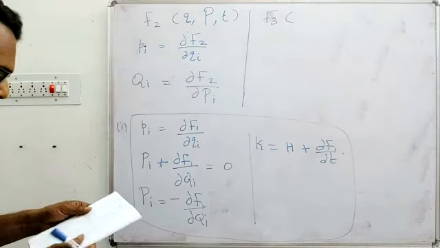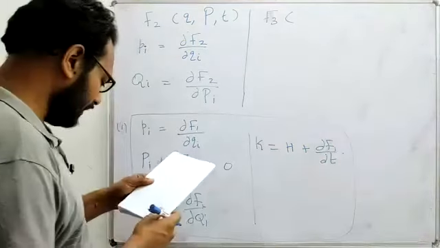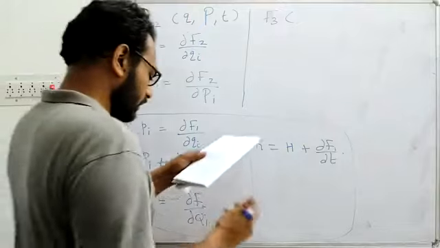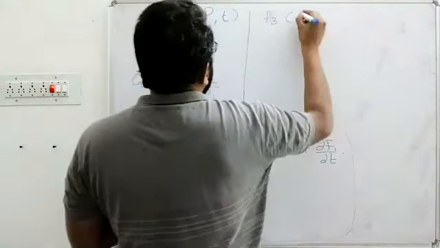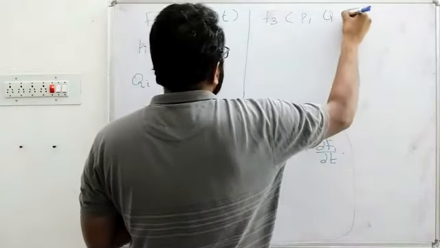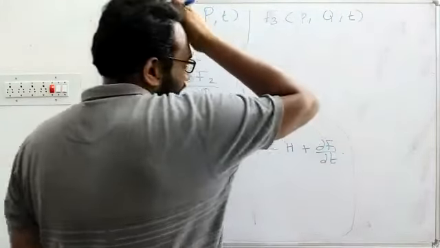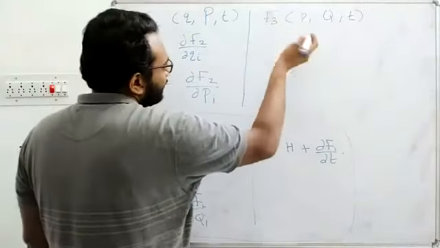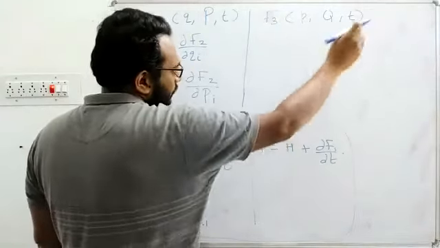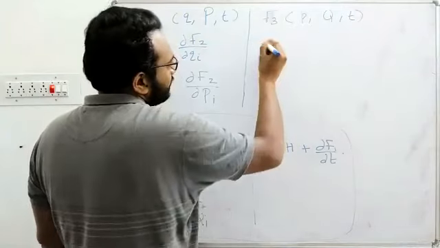Now f3 we write as a function of p, q and t, and in this case you do exactly the same thing. Equate the coefficients of the dot terms and you'll get this.